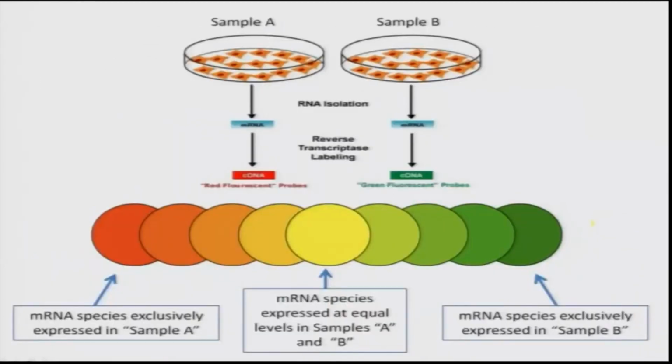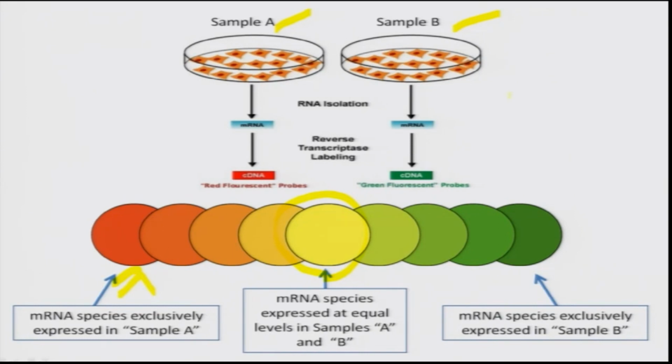So, let us see what it is. If the expression level remains pretty even between the two sources, sample A and sample B, then I would get something like yellow, because this is a mixture of red and green, right. Whereas, if the expression level in sample A for a given gene is very high, I am going to get a red fluorescence, because the green fluorescence coming from sample B is going to be extremely low, because it is a competitive hybridization.